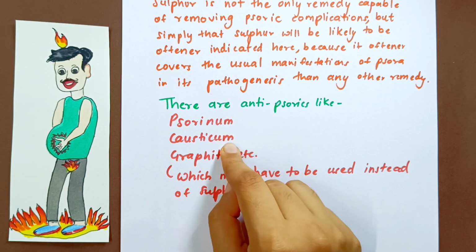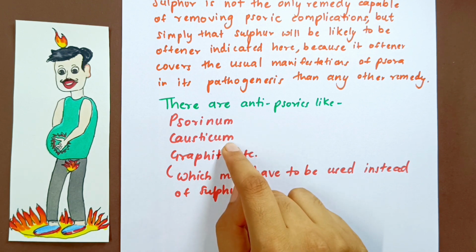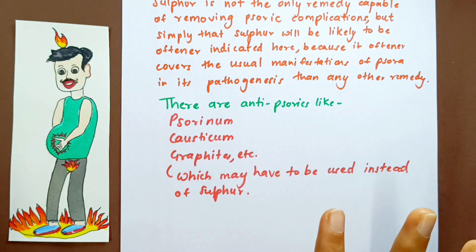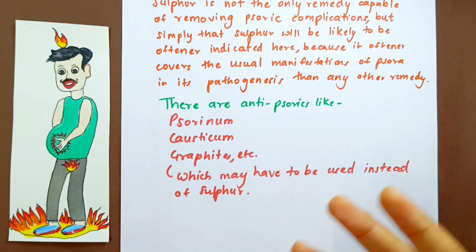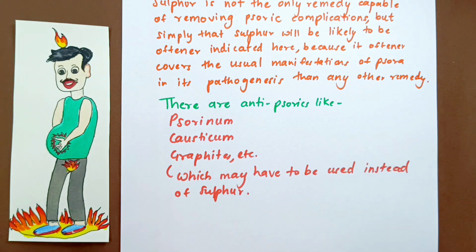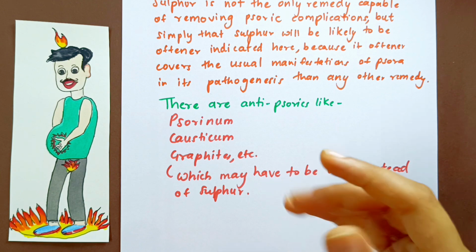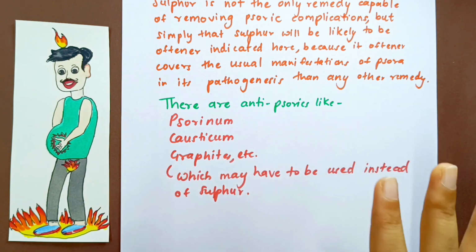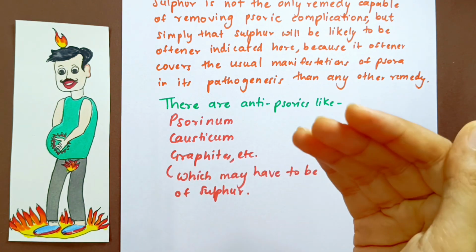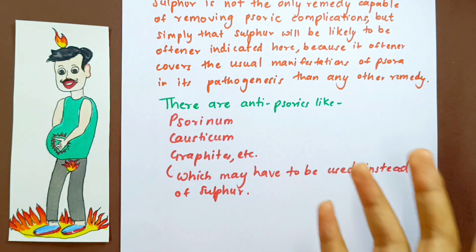Maybe the patient has a soreness, rawness in some parts. So a few symptoms of these remedies will be there, and when one might be indicated, you give these antipsoric remedies, and after giving them you will see that the picture gets cleared, and now when you prescribe your indicated remedy, it will help the patient.